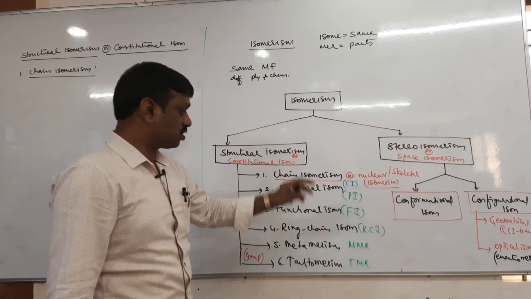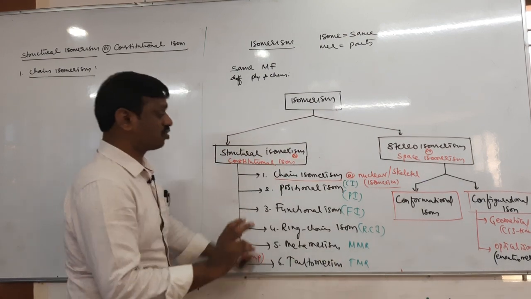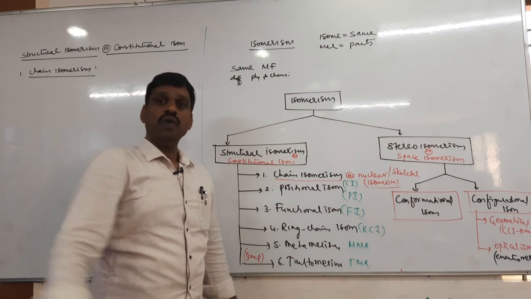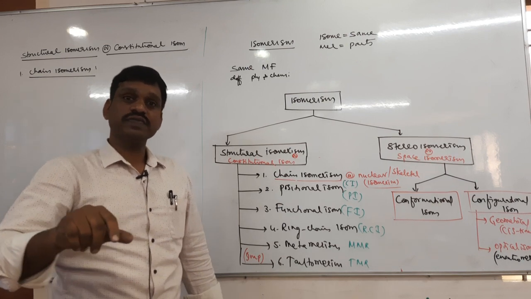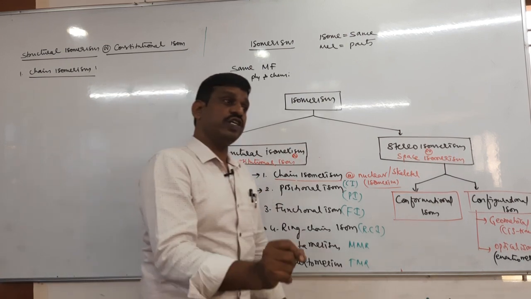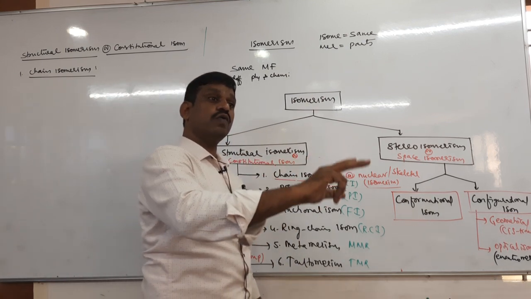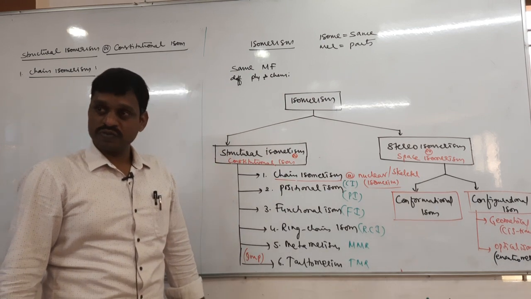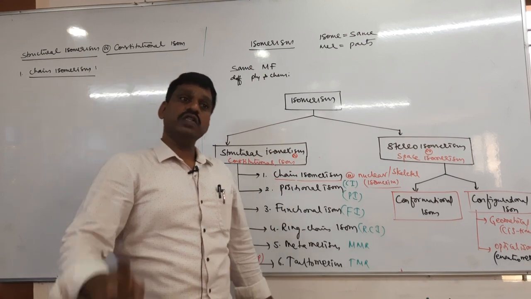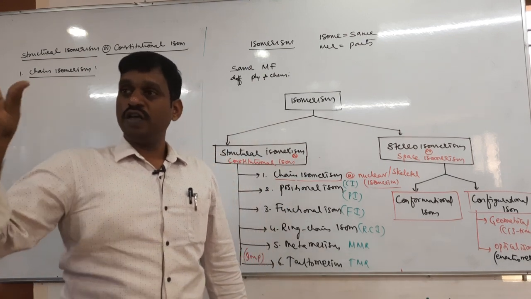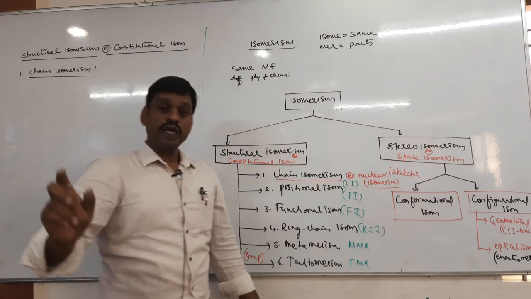So first is chain isomerism. What is the condition for chain isomerism? First, they must have the same molecular formula. Second, if the molecule has a functional group, they must have the same functional group. The same holds in positional isomerism.